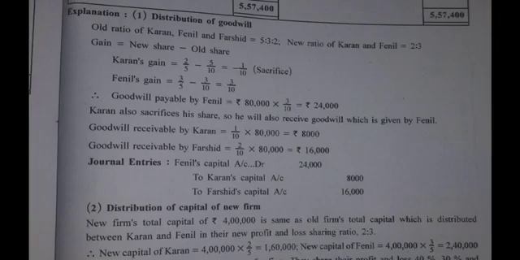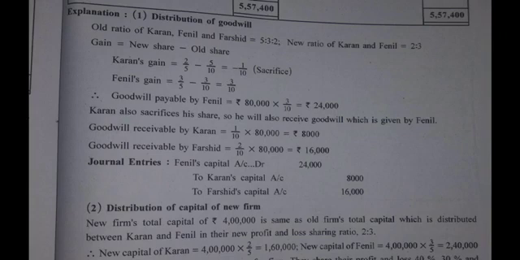Understand. The second working note, please understand, this is really important to understand. Pay attention. The second working note, distribution of capital of new firm. Let me make clear that we have not balanced the partners' capital account of remaining partners, that is continuing partners.